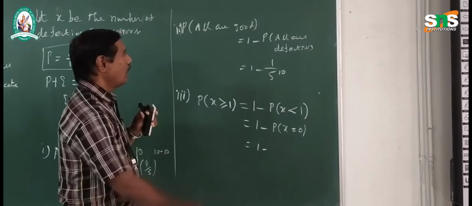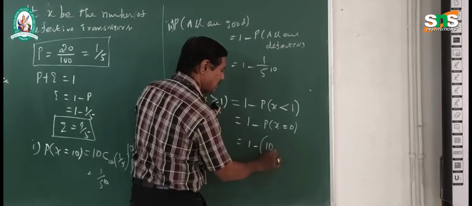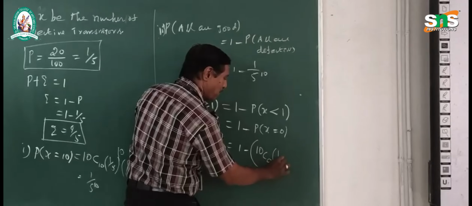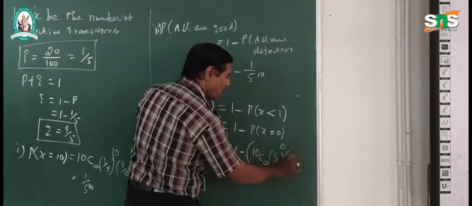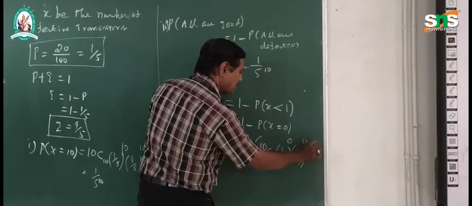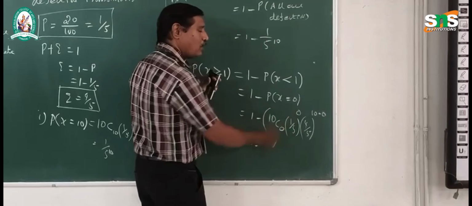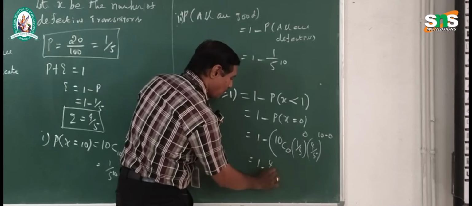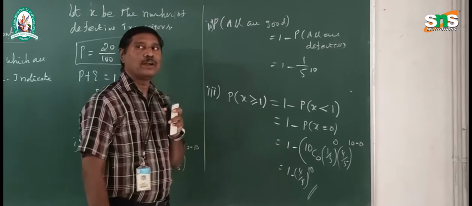Already here we have the all good case. So again n is 10, nCx with x is 0, 1 by 5 power x, which is 0, and 4 by 5 power n minus x, with n is 10 and x is 0. So that is 1 minus 10C0 which is 1, times 1 by 5 power 0 which is 1, so remaining we have 1 minus 4 by 5 power 10. That is the answer for at least one defective.